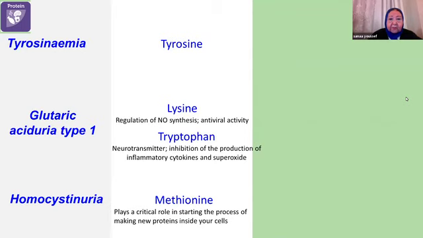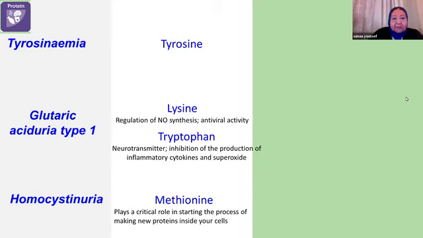In glutaric aciduria, we have lysine as well as tryptophan accumulation, and they are responsible for the formation of nitric oxide and antiviral activity, and also for the neurotransmitters and the inhibition of the production of inflammatory cytokines and superoxide.